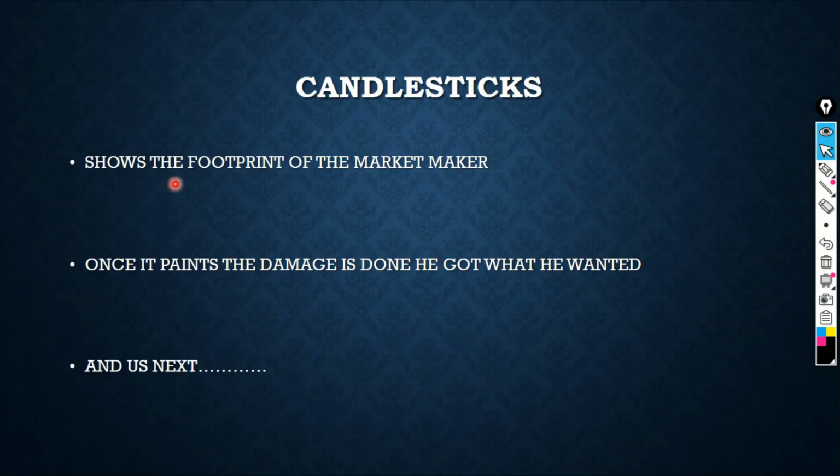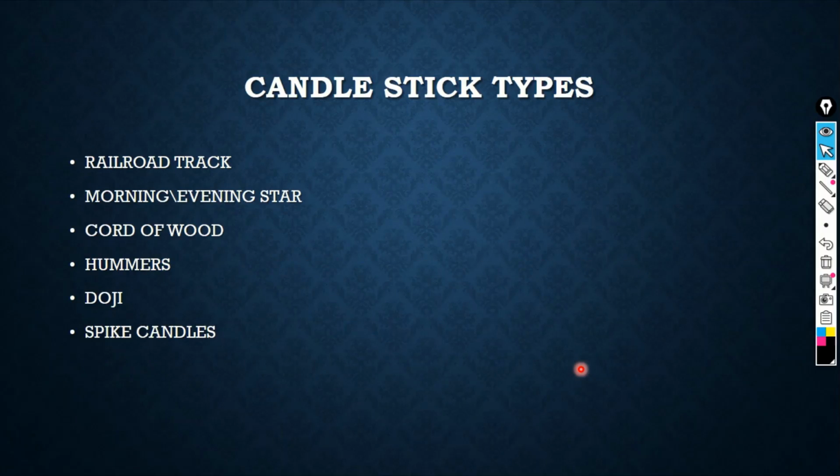I want you to know that once it paints and closes, the damage is done. Here's what he wanted, because he's the one who created it. So it's us next. As soon as the candle is about to close, 3 seconds before, 5 seconds, the trading criteria is being met now.